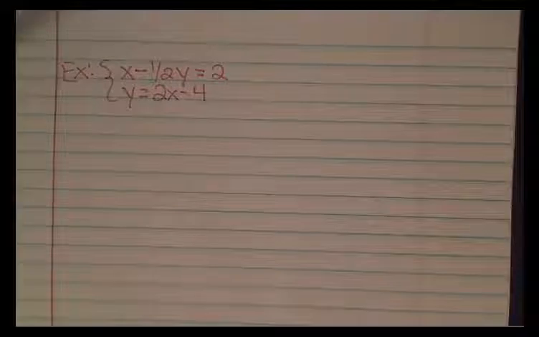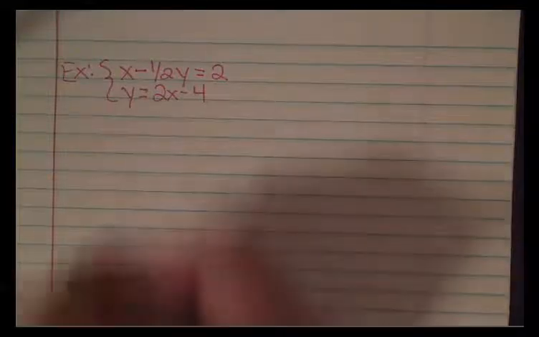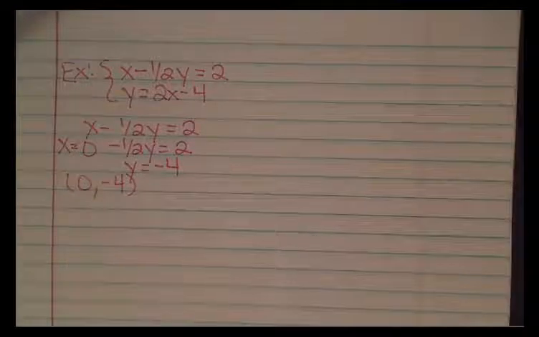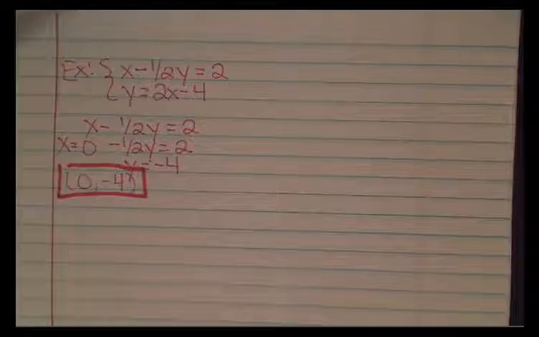Again, you need to graph each of your lines separately. So again, I'm going to just use my x and y intercepts. So if x is 0, I have negative 1/2 y equals 2, so y equals negative 4. So I get 0, negative 4 as a point. And then if y equals 0, then I'm just left with x equals 2.